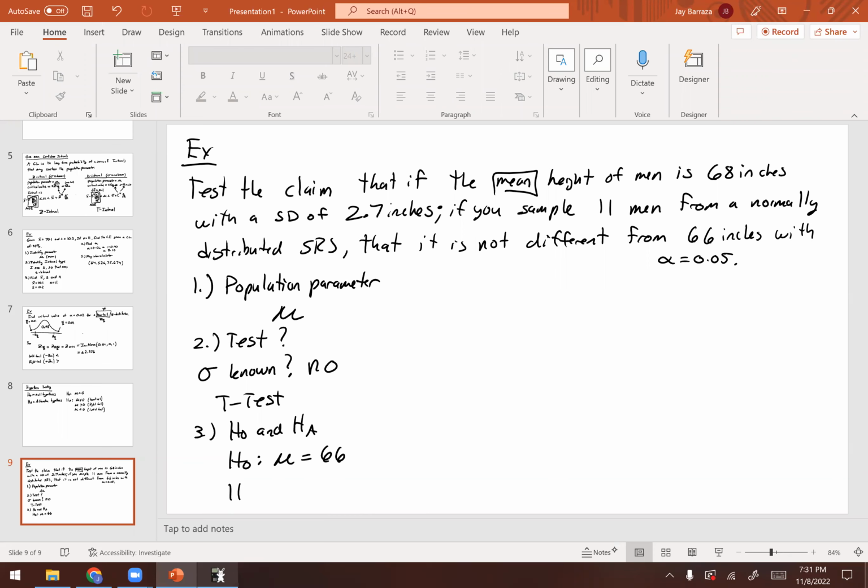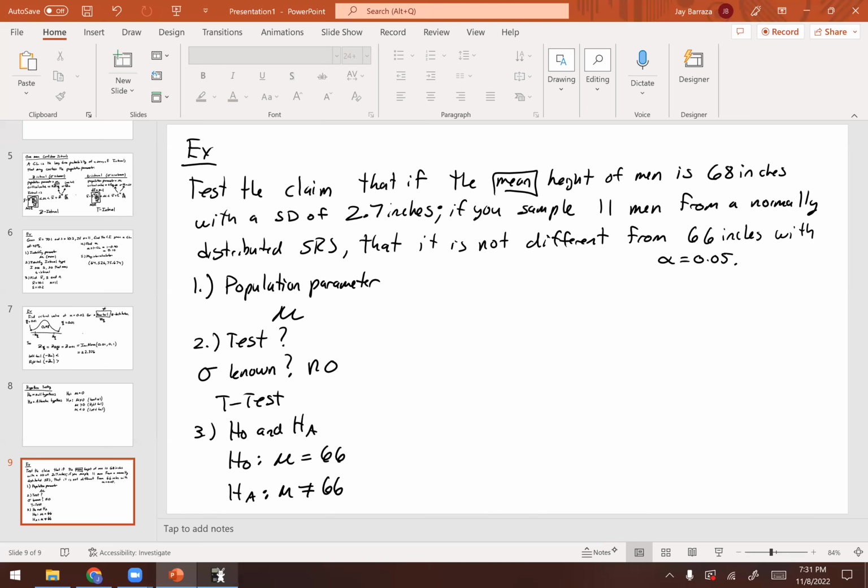And then my alternative is that it is not 66 inches, right? That's what I'm testing. Now on the exam, they'll be much more worded nicely, so it's not confusing. It's just when you make these up off the top of your head, they're not as nicely written, but hopefully you get the main idea.